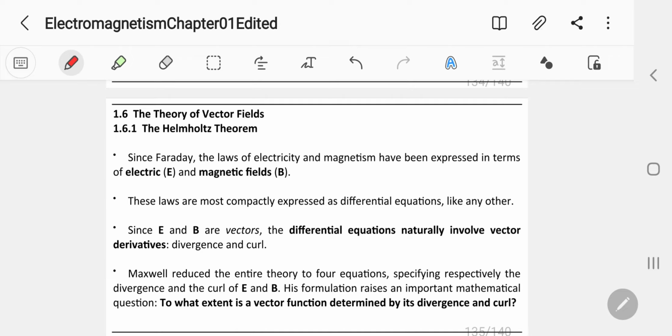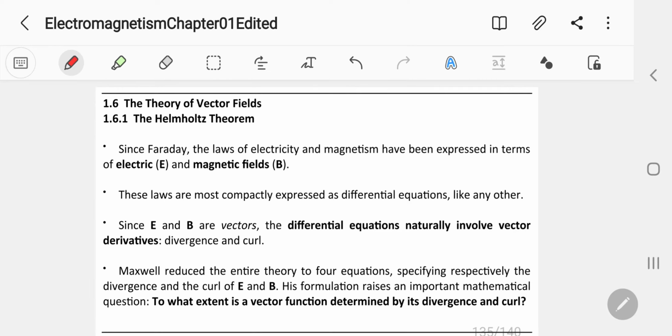These fields must have some source, and we call this source the potential. It would be a vector potential or just a potential.